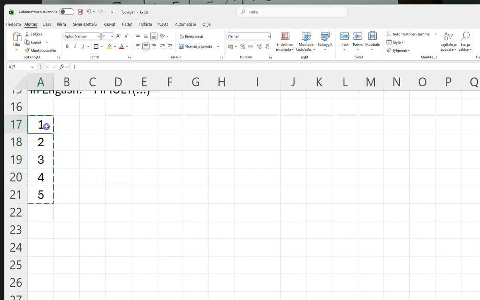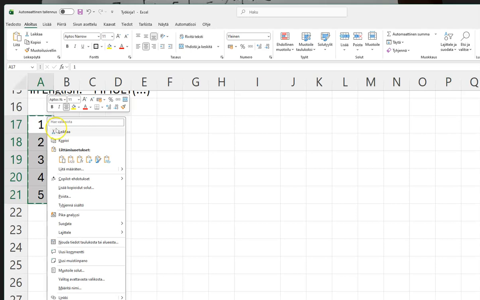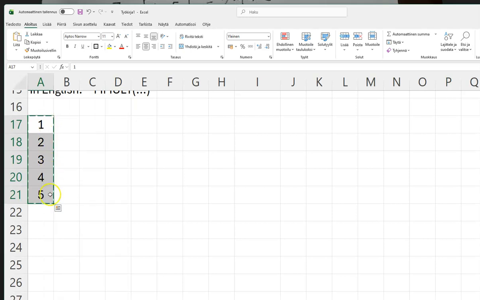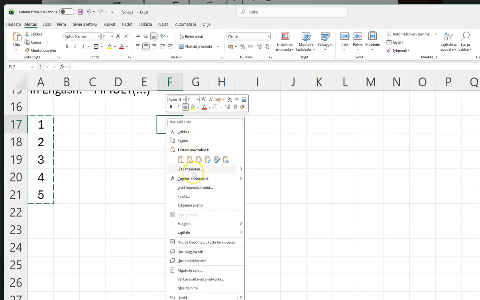So I copied them, or of course I could also use the right button of the mouse and copy. Now I copied that, and I want to put those numbers here, but not in the vertical orientation, but in horizontal orientation. One possibility is paste special, in Finnish liitä määräten.